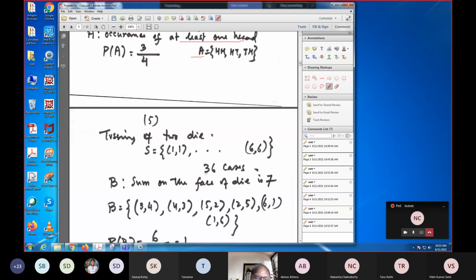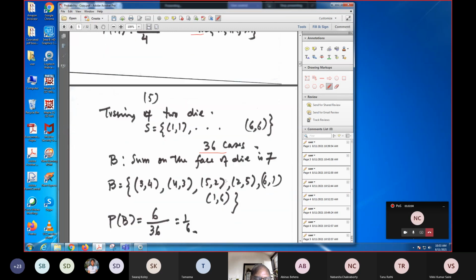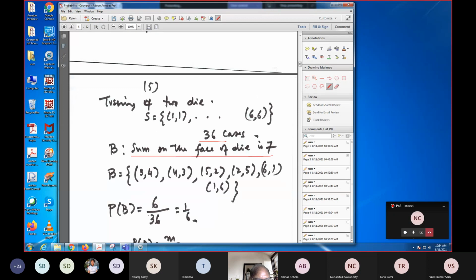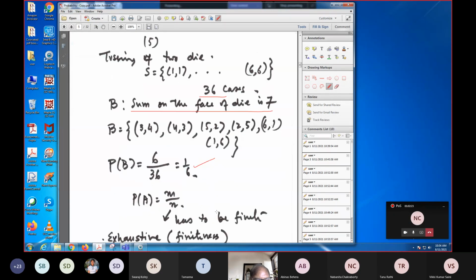Total number of cases is 36. The cases related to the sum of the faces being 7 are: 3 on the first die and 4 on the second, 4 and 3, 5 and 2, 2 and 5, 6 and 1, 1 and 6. So there are 6 cases. So 6 by 36, that is 1 by 6.